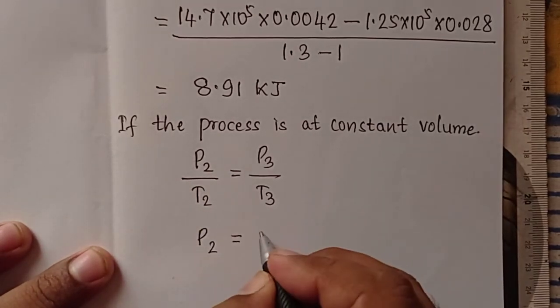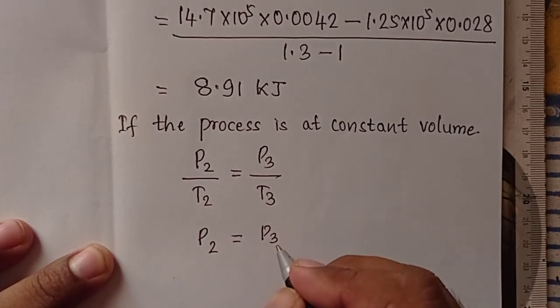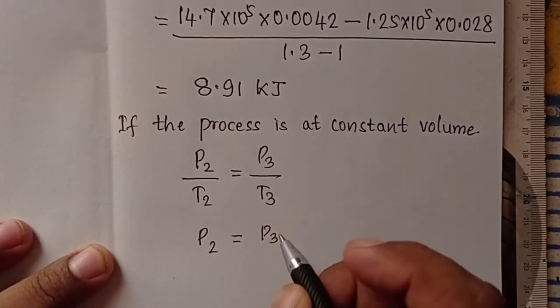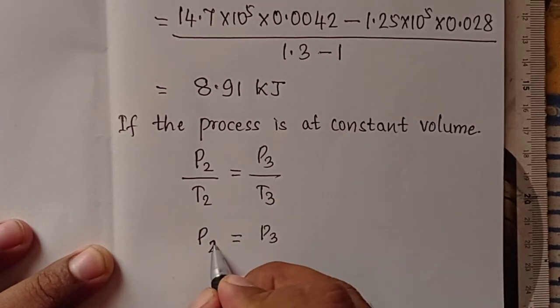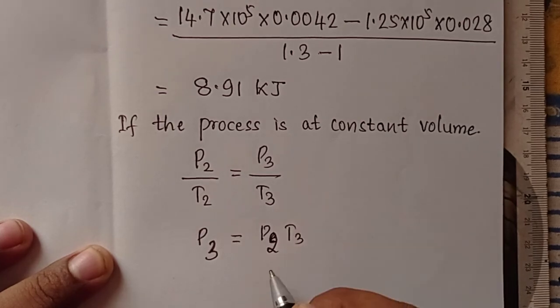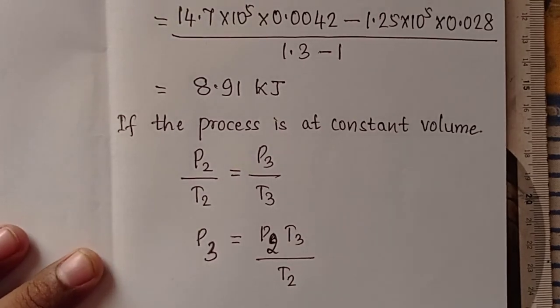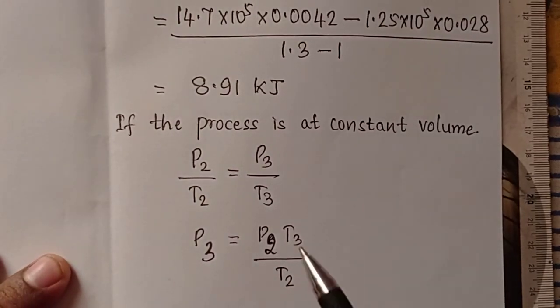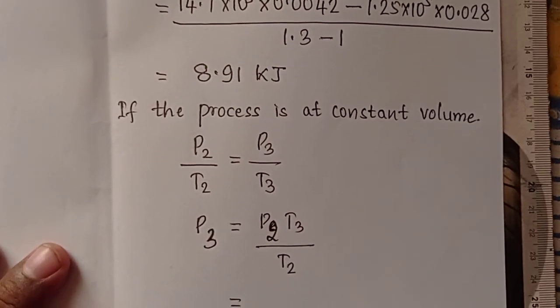Sorry, you need to find out the value of P3. So P3 will be equal to P2 into T3 divided by T2.